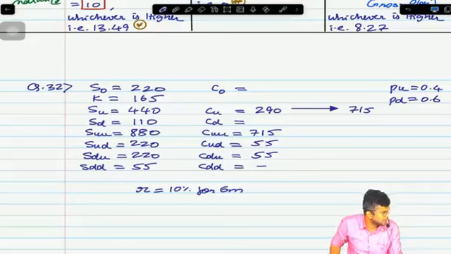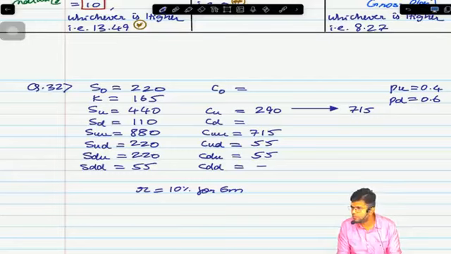Raghunandan, share your calculation. I have put it on for everyone. Ready? 0.4 and 0.6. What did you do?